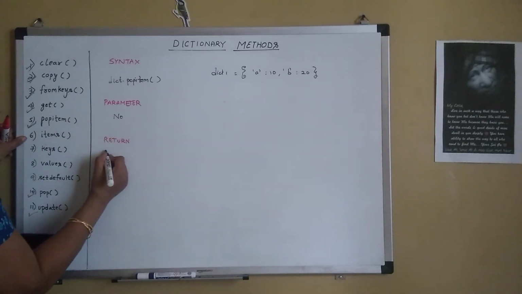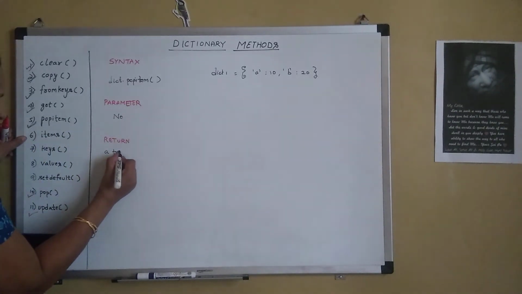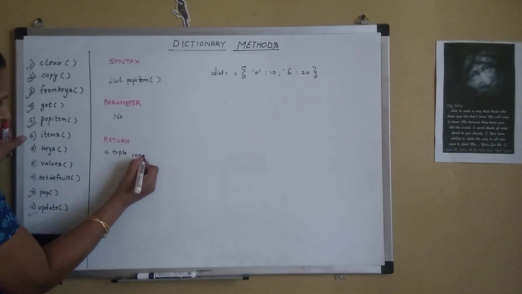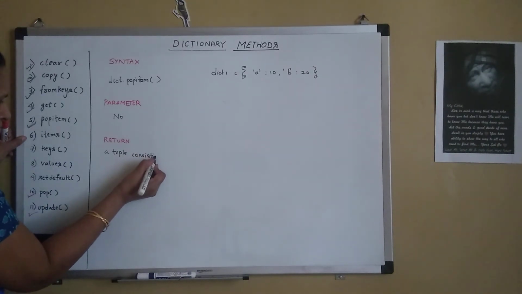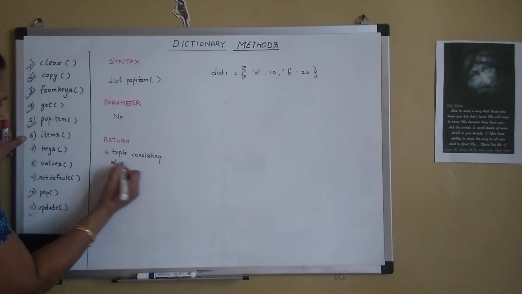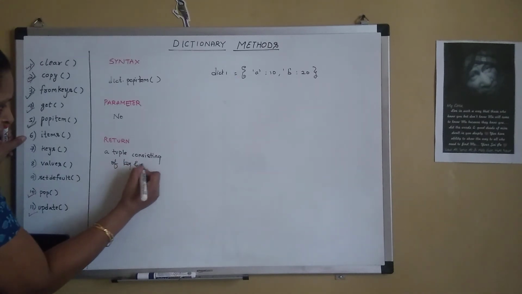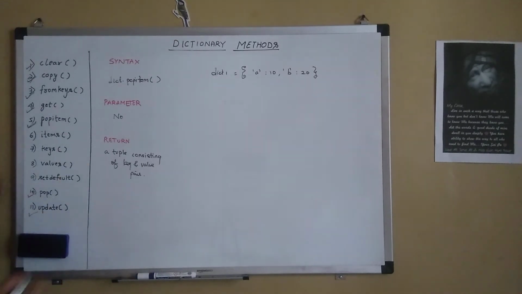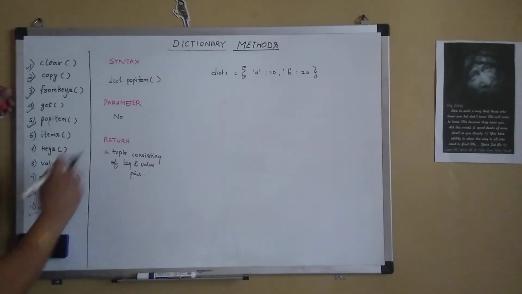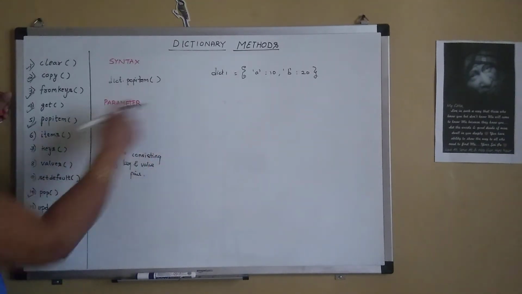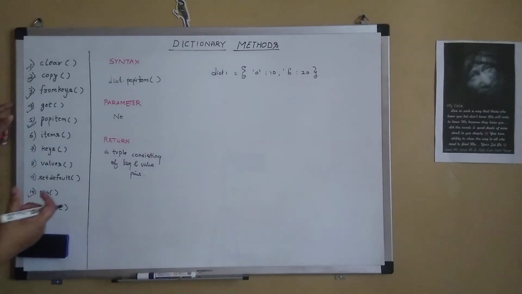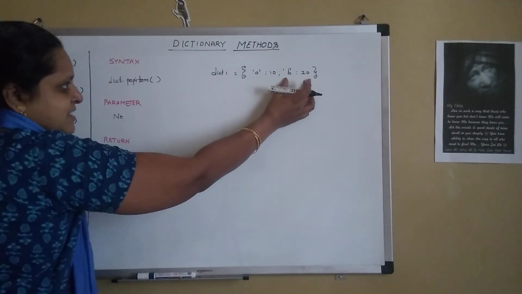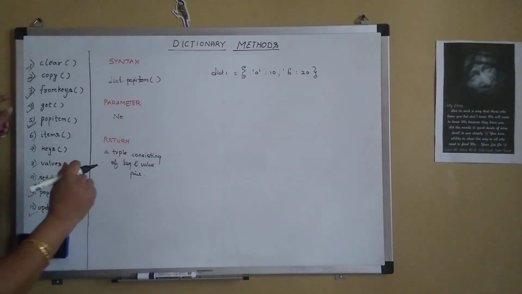It returns a tuple consisting of a key and value pair. It removes the latest item which has been inserted into the dictionary. B is the latest item inserted into the dictionary.